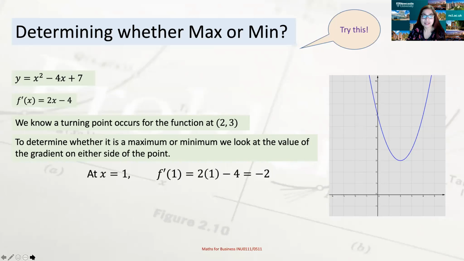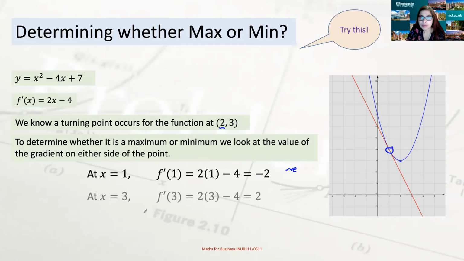Then at x equal to 1, what is the value? That is a point less than 2. This point is (2, 3), that is your turning point. So take a point here, x equal to 1. Substitute it in dy by dx, and you can see that it is negative.